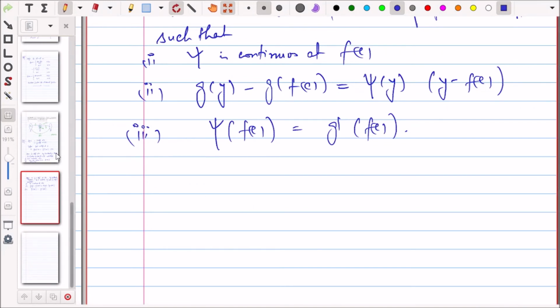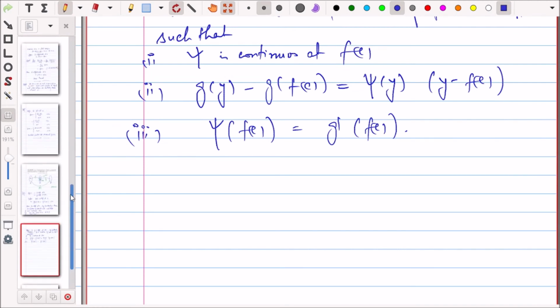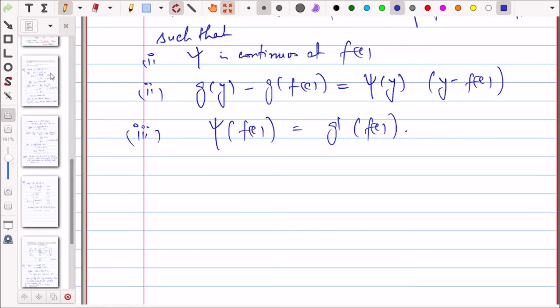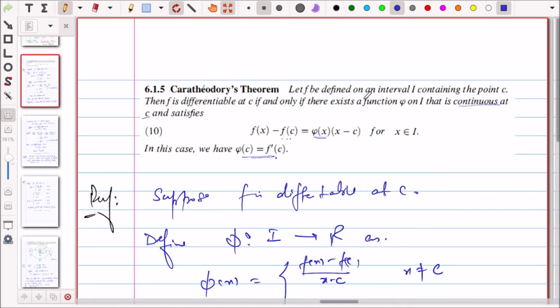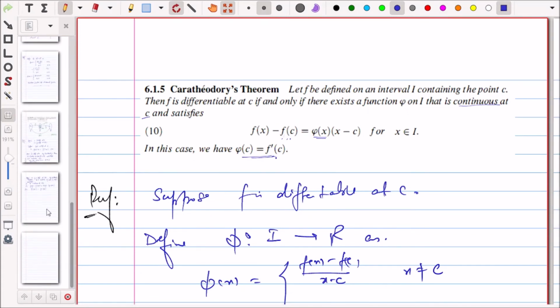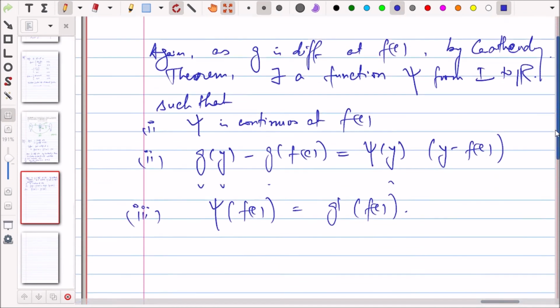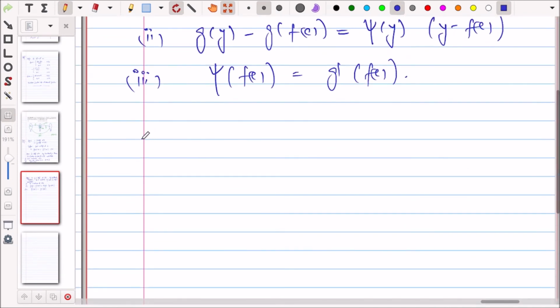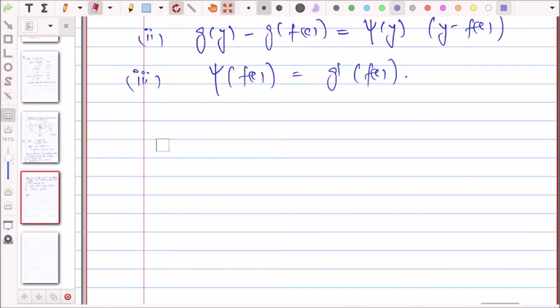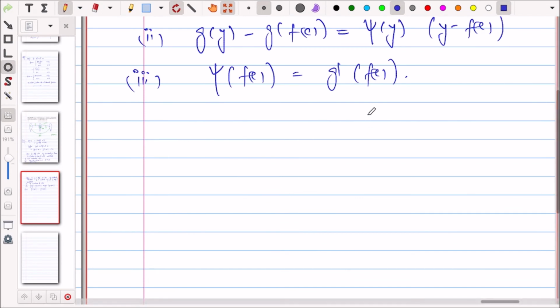We have to apply Carathéodory theorem, because we have to show g of f is differentiable. So to show g of f is differentiable, what will we do? We will find some function within the domain of g of f such that it satisfies the three properties, right? So the same, what will we take? psi of phi. Now let us make a diagram of this quickly, so that we can easily have this.